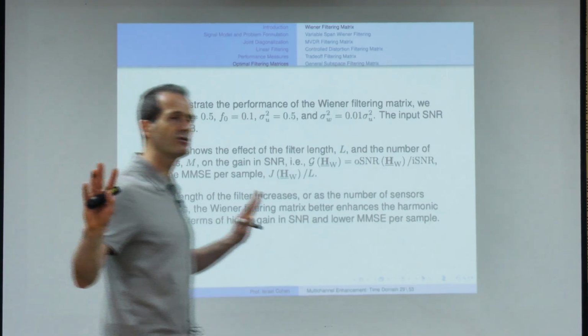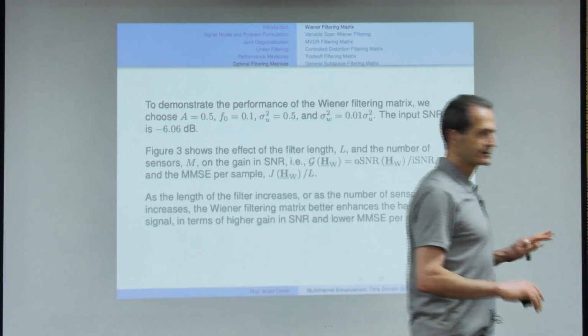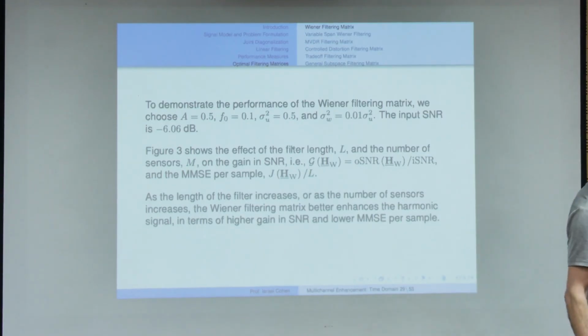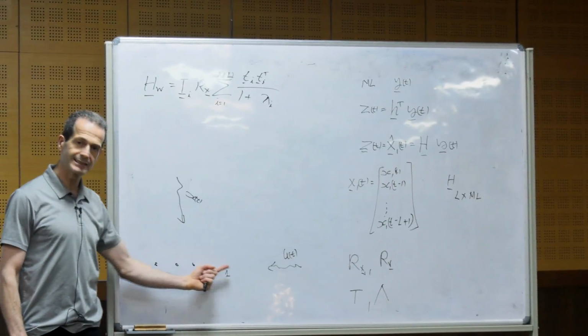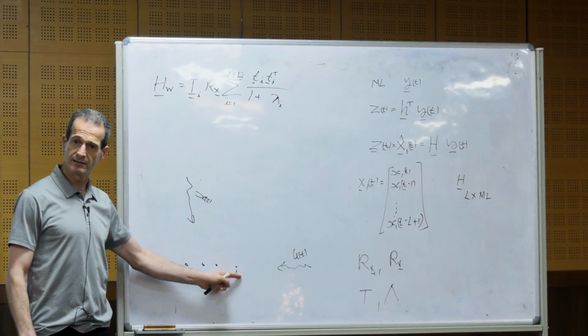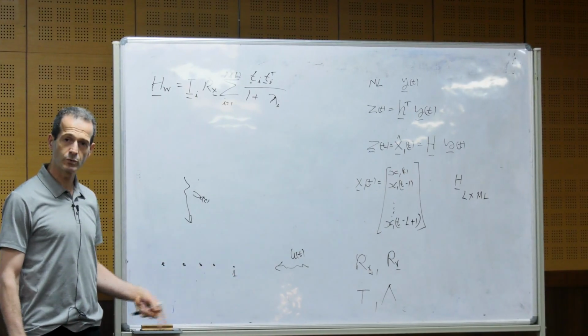For example, if I have only thermal noise and the source comes to all sensors from this direction, so there is no delay, I can just average these signals. What will I get?